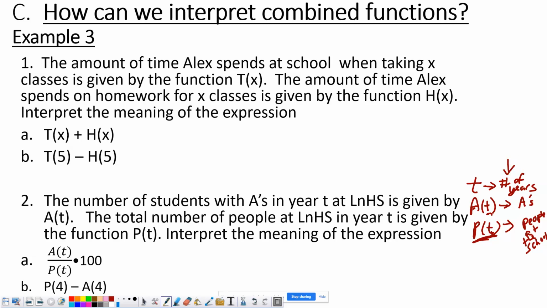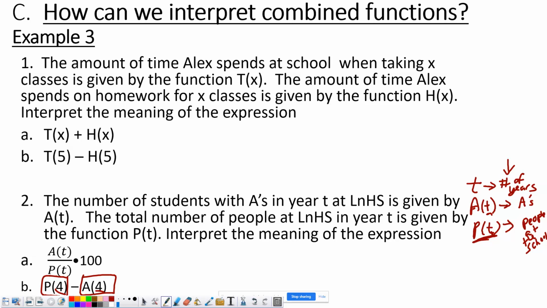So this is the 4th year, whatever that means. So what does P of 4 mean? P of 4 means the total number of people in the school at the 4th year. What does A of 4 mean? A of 4 means the total number of people that have A's in the 4th year.